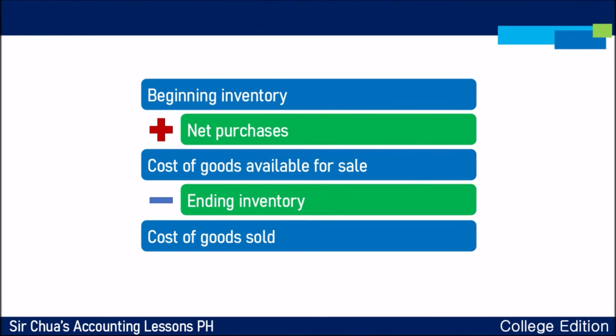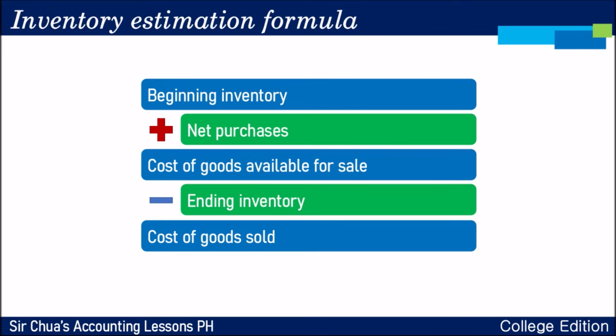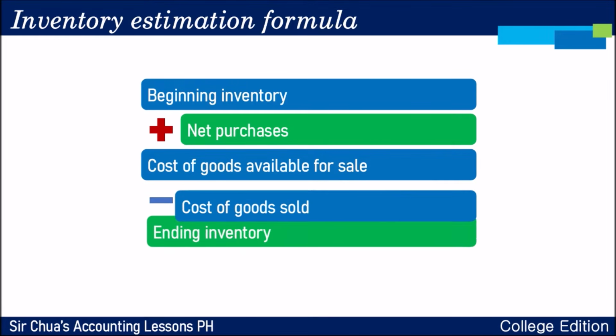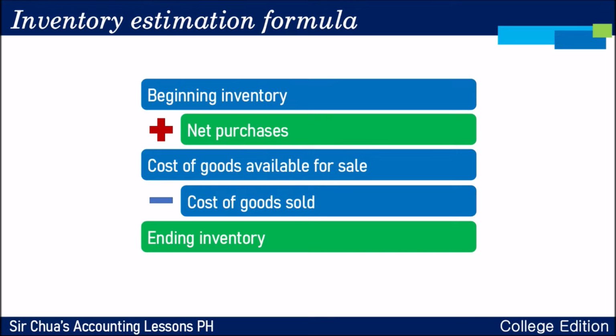But now, what will be our inventory estimation formula? Ang ini-estimate po natin, remember, is your ending inventory. So, pagbabalik ta rin natin yung dalawa. Okay? So, cost of goods available for sale, lahat ng pwede mong ibentang inventory at the period minus lahat ng nabenta mo. Syempre, ang difference yung natira sa'yo. Sir, paano natin kukunin tong cost of goods sold para makuha natin yung estimated amount ng ending inventory?